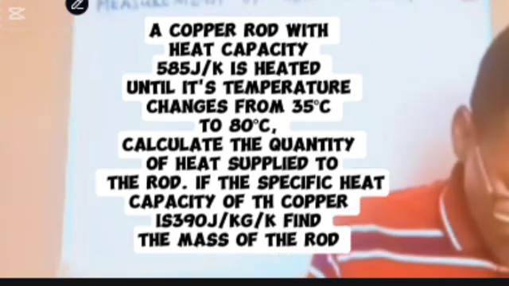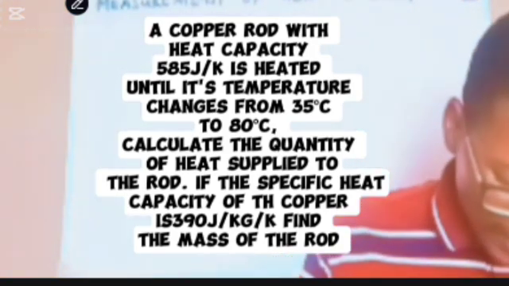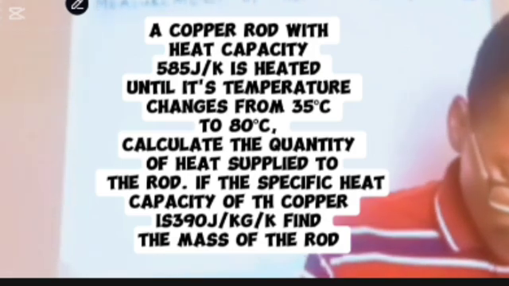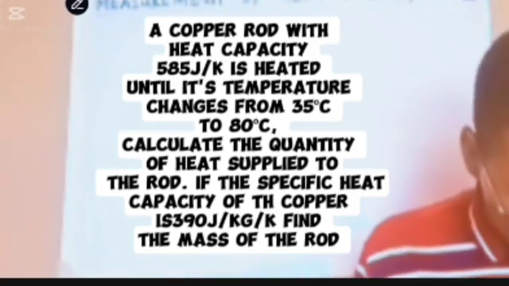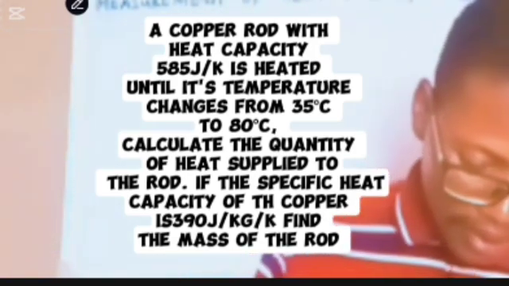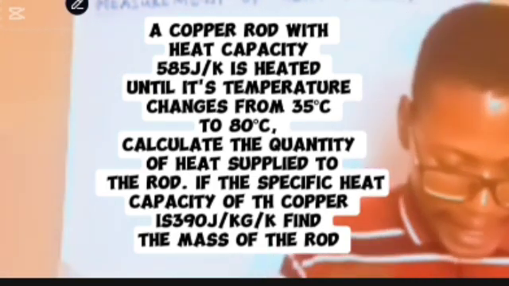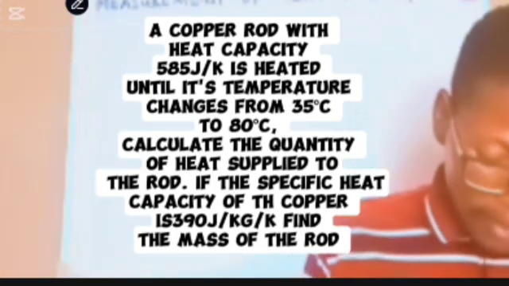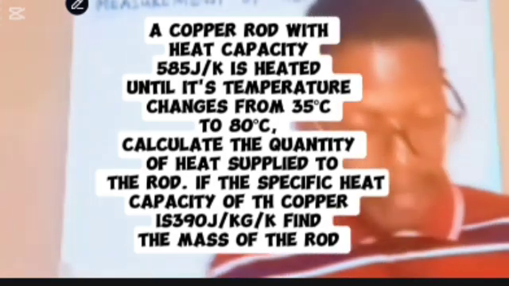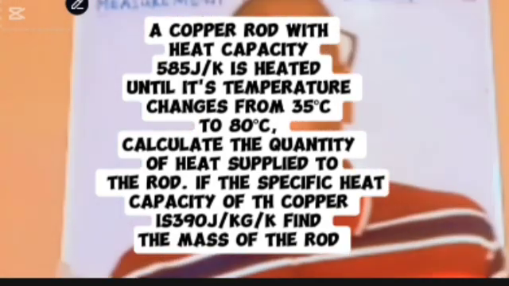Calculate the quantity of heat supplied to the rod. If the specific heat capacity of copper is 390 joules per kilogram per Kelvin, find the mass of the rod. Now, that is the question.